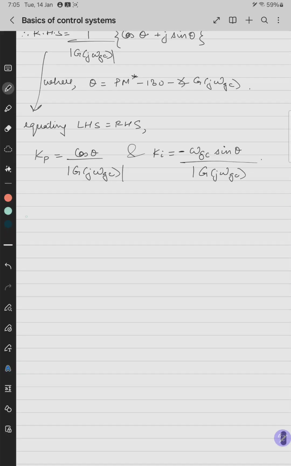You got it? Final expression, I'll write Kp equals cos of this angle, PM star minus 180 minus angle of G at j omega gc. Now cos of minus theta is cos theta.